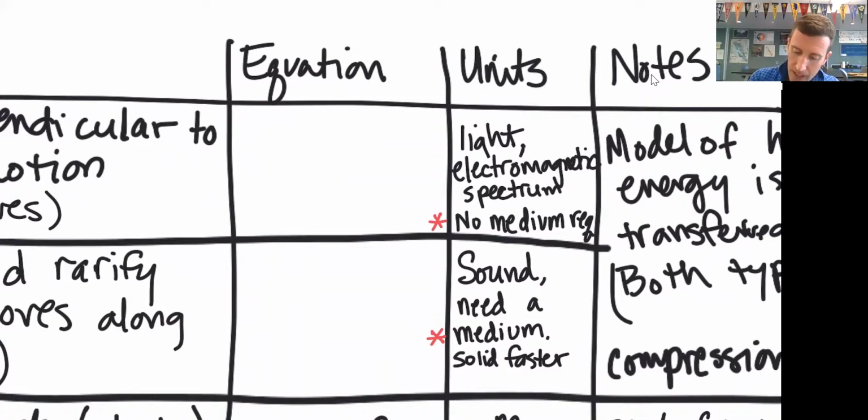Other notes in terms of what medium: sound will go faster in a solid, and actually it's based off of the stiffness. So if an object is really stiff or rigid, then the wave speed will be faster.